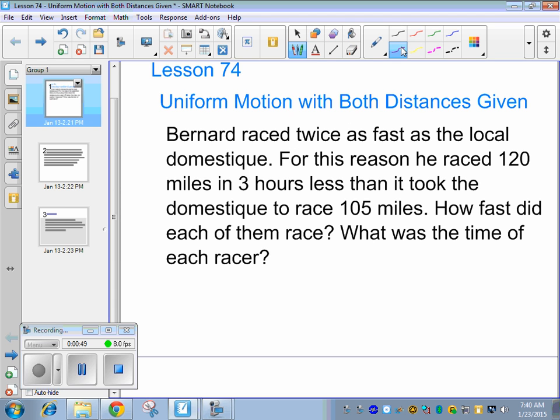So this first one says Bernard raced twice as fast as the local domestique. So what are we talking about? Which variable? Rate. Who could write that formula for me using R's?